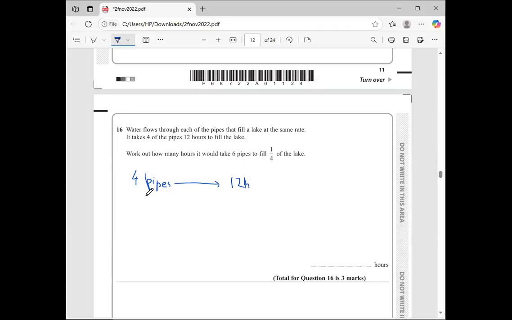So for me to find out how many hours it will take for a quarter of the lake, I'm going to break everything down by 1/4. So that's going to be 1 pipe required, and it's going to take 3 hours. Are you with me? Yes. Okay.